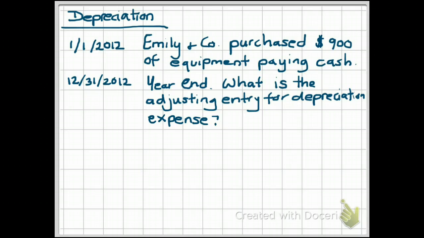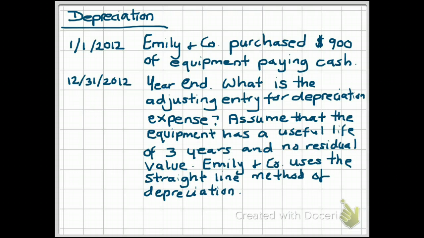Before we can calculate depreciation expense, we always need to look for certain types of information. And always your questions will provide you with this information, and you need to look for it when you're calculating depreciation. So this question is telling you, assume that the equipment has a useful life of 3 years and has no residual value. Emily and Company uses the straight line method of depreciation.